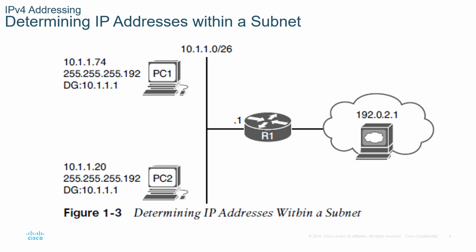But if we look at the settings here, the default gateway is 10.1.1.1 for both PC1 and PC2. That means they are meant to be in the same network. So now we need to change the IP address of PC1 to any number between 0 and 63.